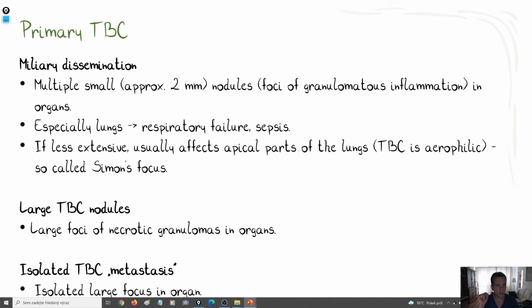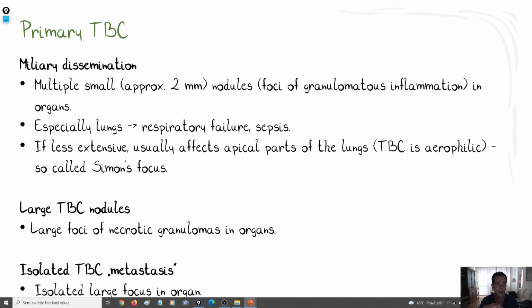Miliary dissemination is the most dangerous way of dissemination because it means that the target organ, the distant organ, is affected by multiple small nodules, small foci of granulomatous inflammation, approximately a few millimeters large, and it's very typical for lungs. So the patient develops a primary Ghon's complex, then the infection is disseminated into the bloodstream, and then via the bloodstream it goes back to the lungs.